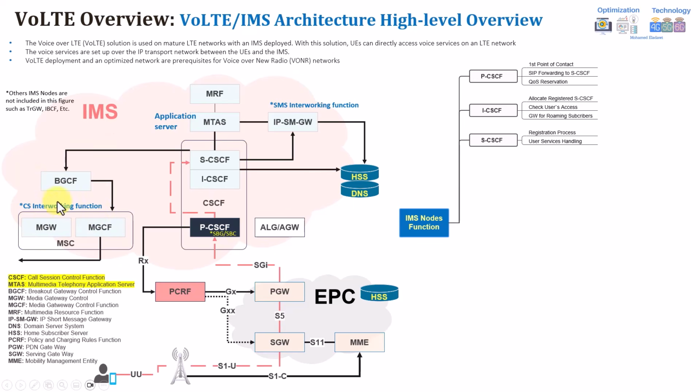So this was the second function, user service handling. And the S actually stands for serving. The serving means that this will be the serving function of the CSCF for the users all the time, which is again responsible for SIP message processing, forwarding, and so on.